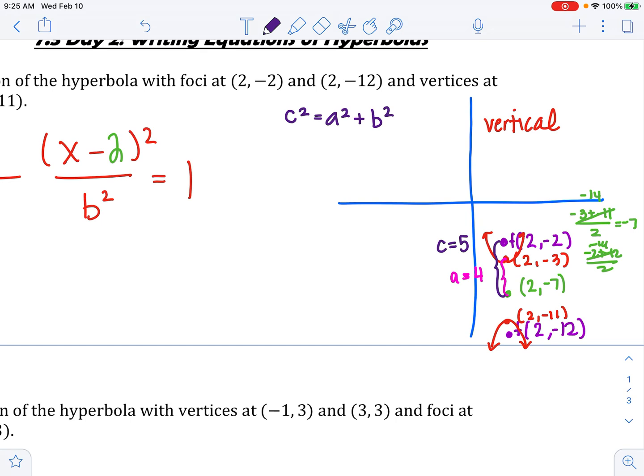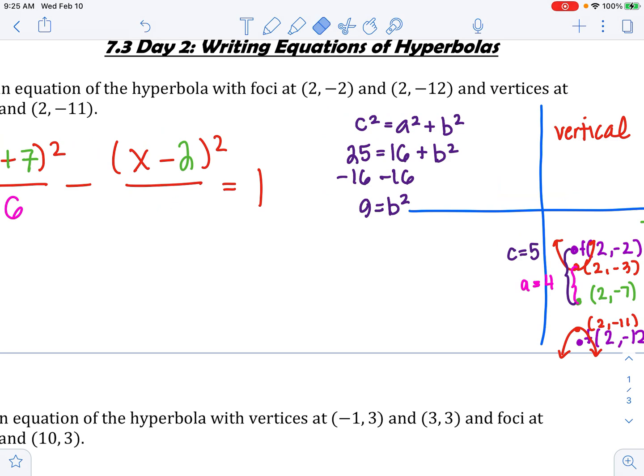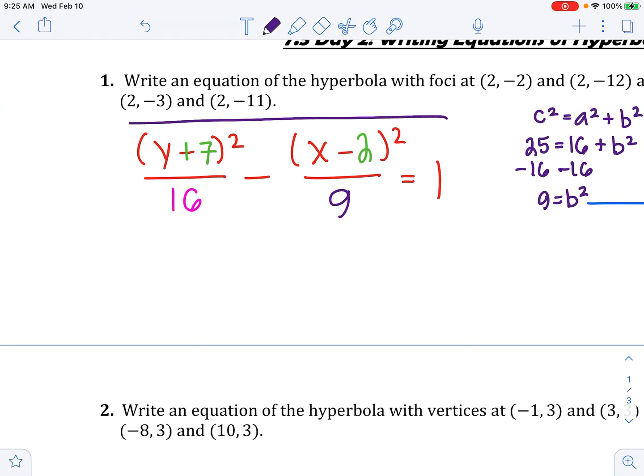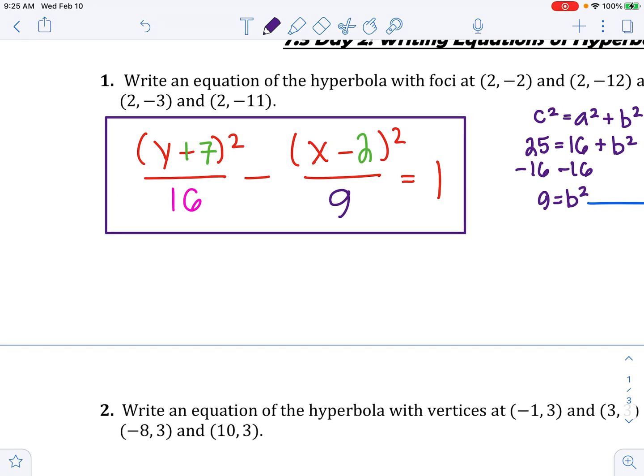So now I'm going to use c squared equals a squared plus b squared in order to solve for b. So I know c squared is 25 because c is 5. a squared is 16, and then plus b squared, and then just solve for b squared. Subtract 16 from both sides, and I get 9 is equal to b squared. Remember, don't square root because you're looking for b squared, not b. So this is 9 right here, and that is all. That's it.